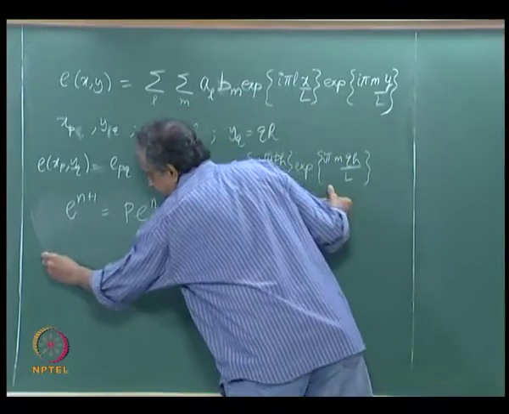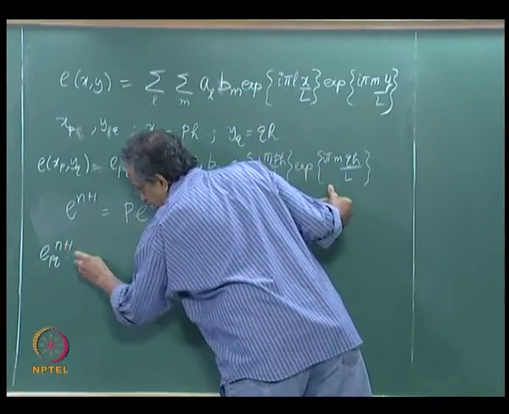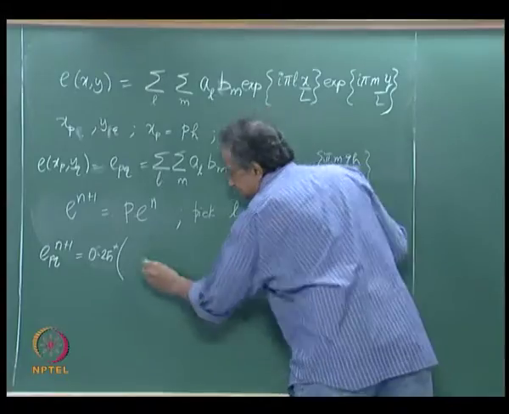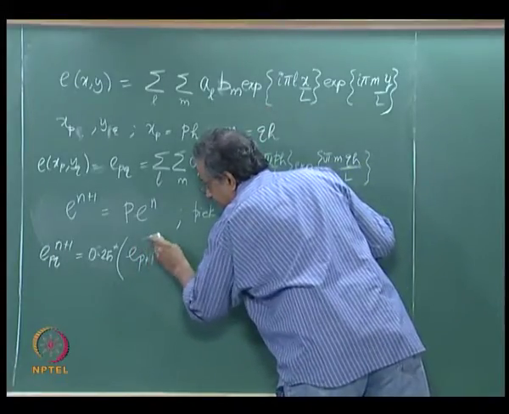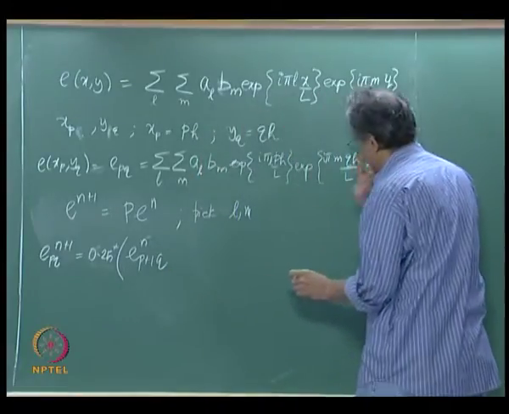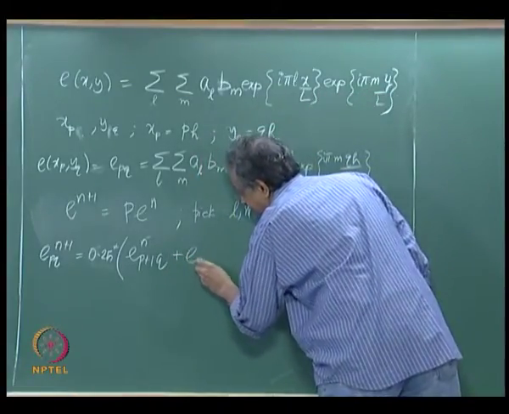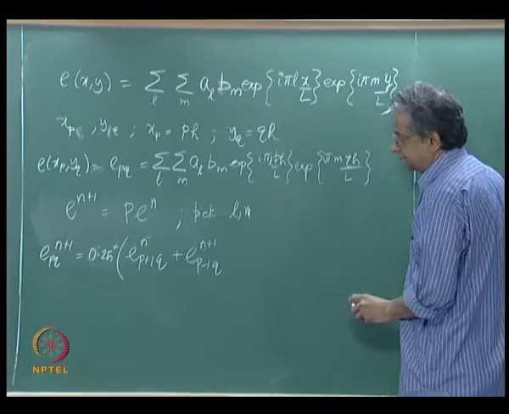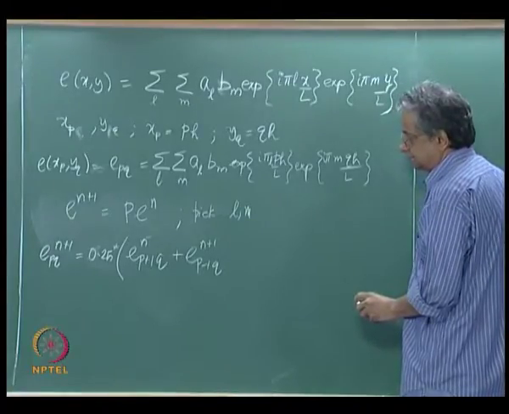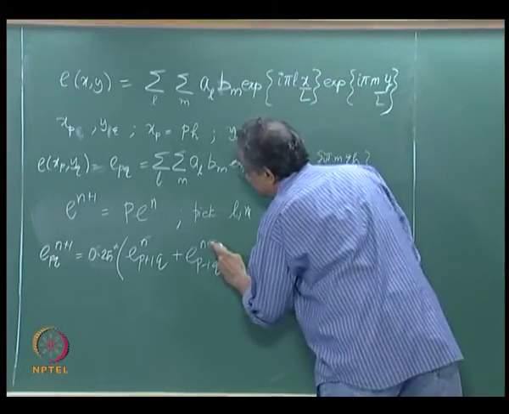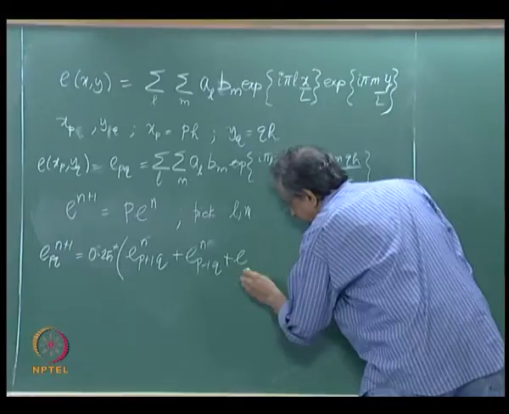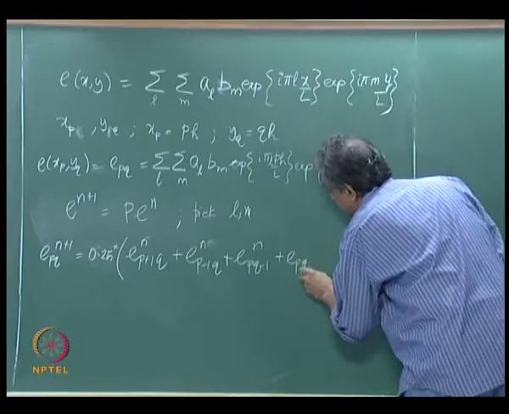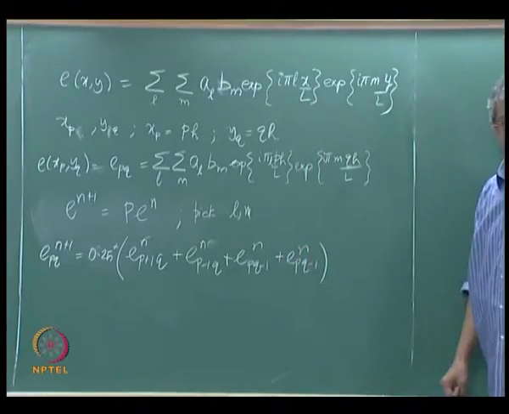So e_pq at n+1 is 0.25 times e_(p+1)q at n plus e_(p-1)q at n+1, leave this at n, plus e_p(q+1) at n plus e_p(q-1) at n. Is that fine?